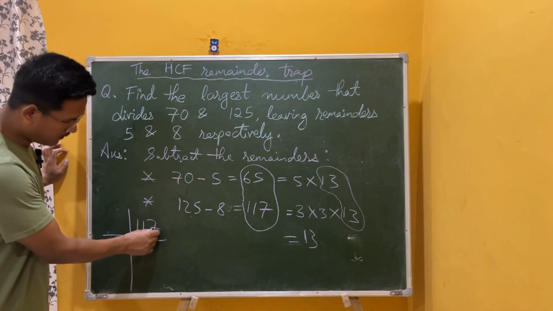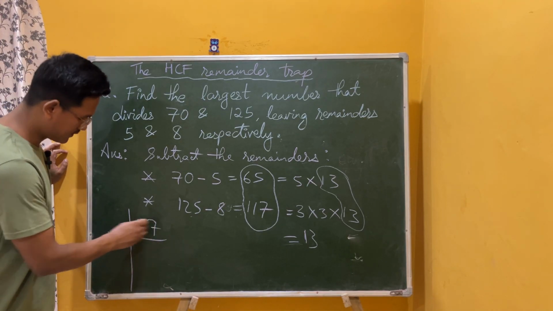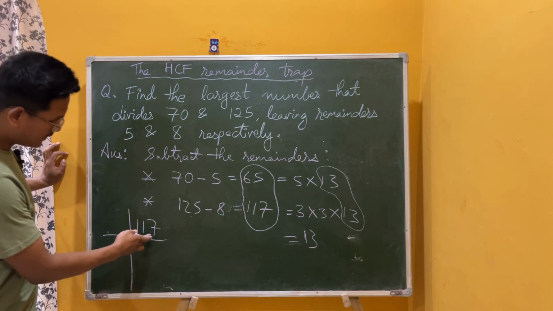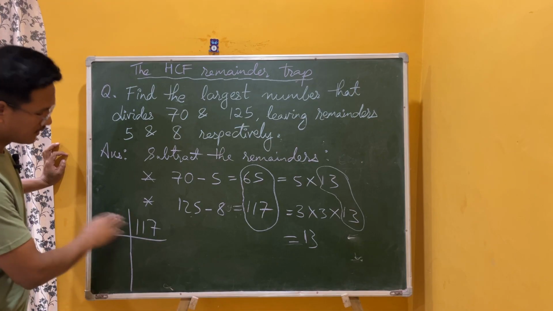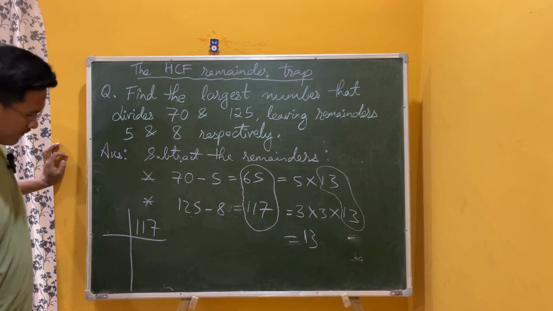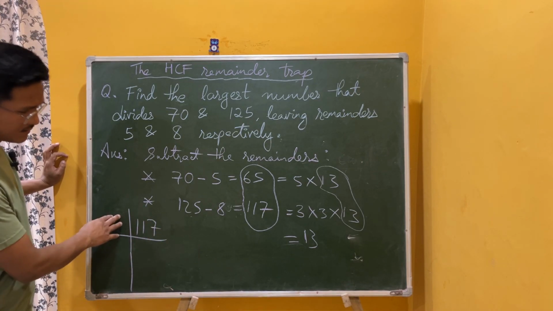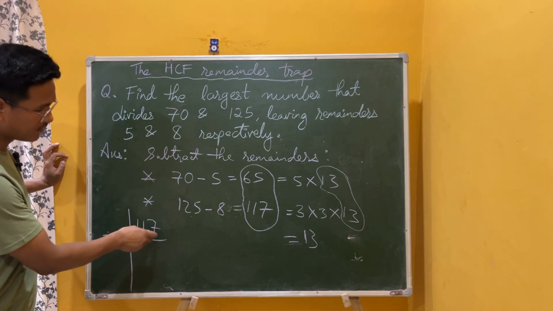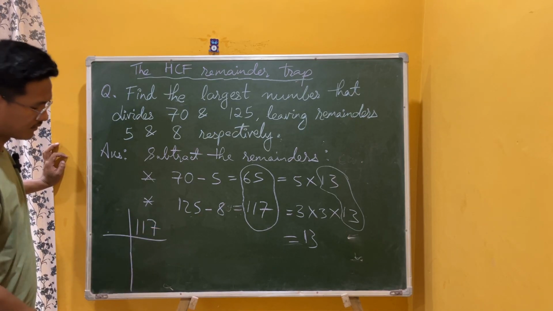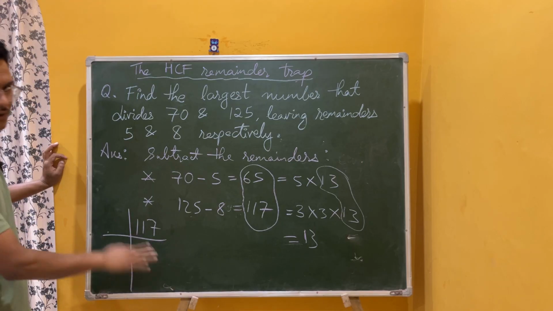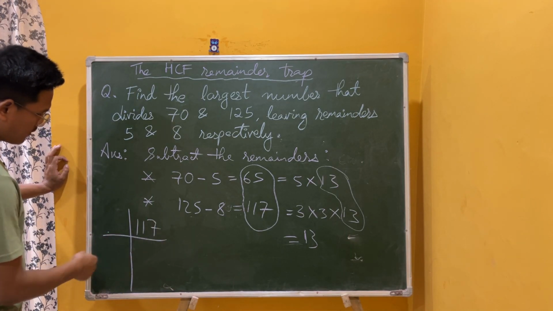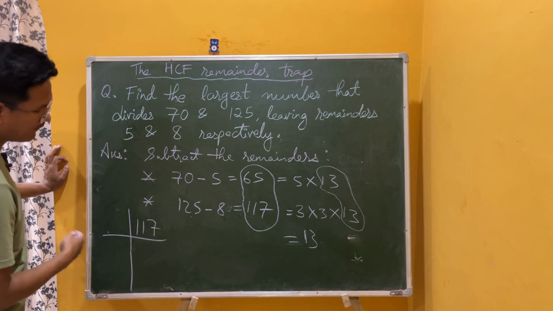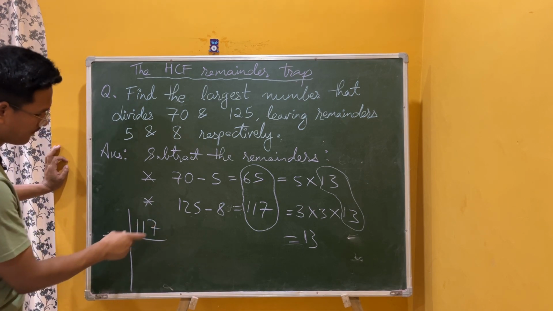So if it is an even number, the last digit is even, you start with 2. If the digit is 0 or 5, let's say 5, divide by 5 directly. But other than those two numbers, how will you verify whether this is divisible by 3?